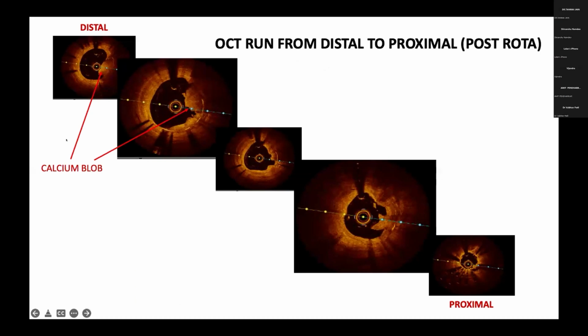As we can see, even after a 1.75 millimeter rotablation, this calcium blob has still not given way, and we can see it very clearly. Though the tightest point has somewhat given way, imaging-wise, OCT-wise, there is a blob which still persists at the distal edge as seen on the OCT image.